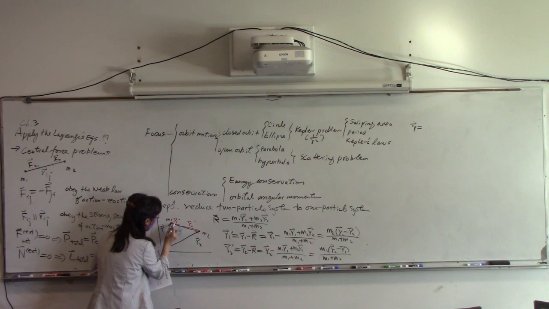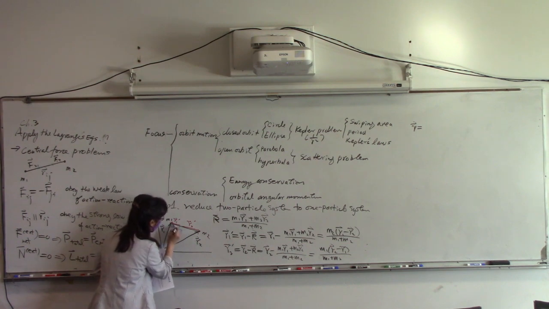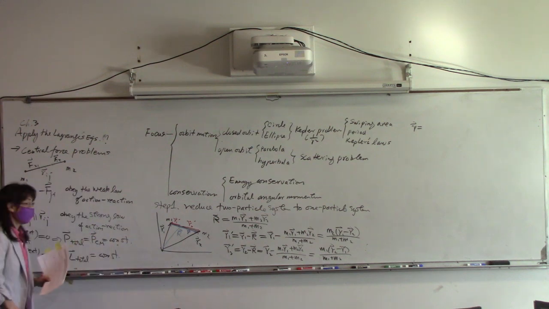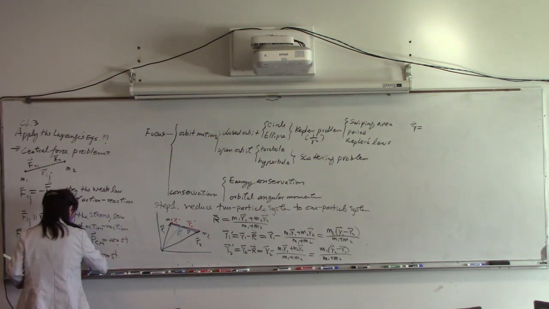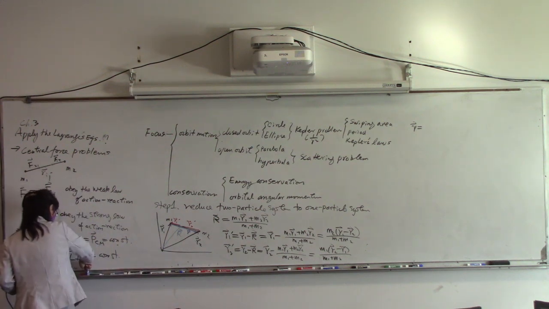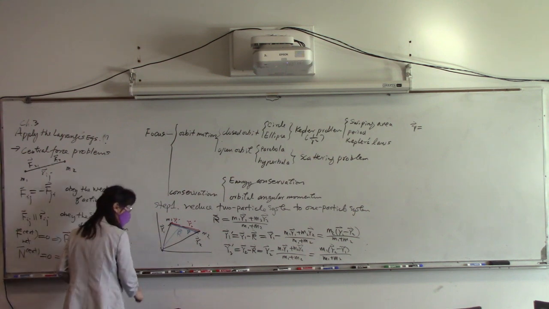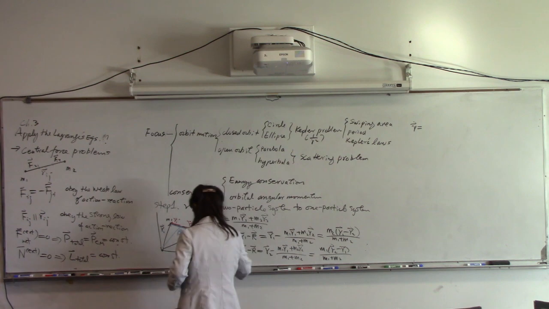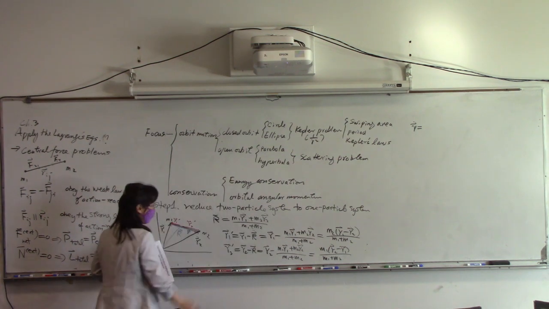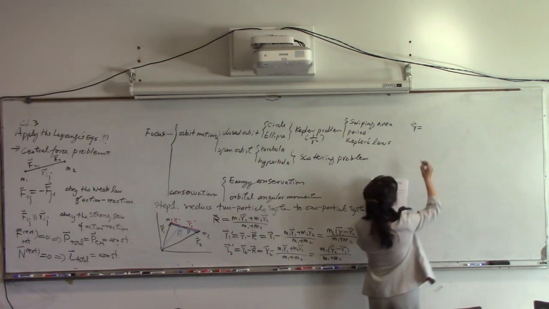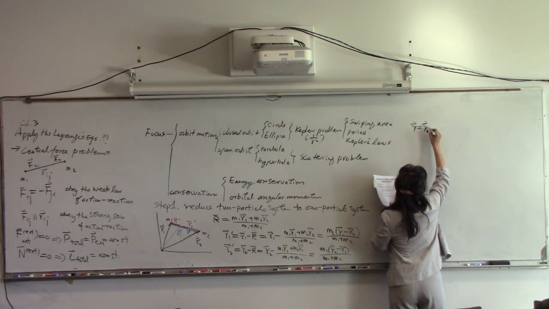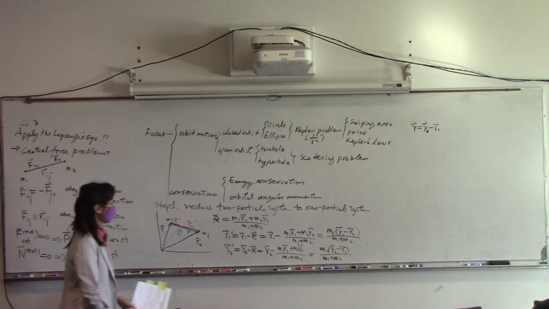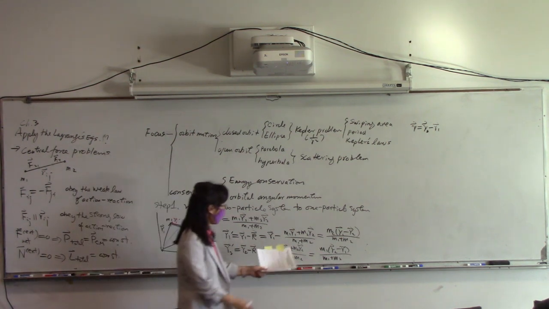So here, I define and introduce R. That means now I select one of the particles as the center of origin. So that is R2 minus R1 that I introduced.